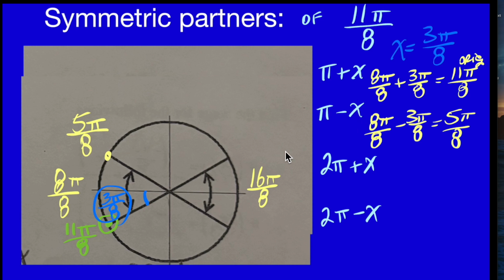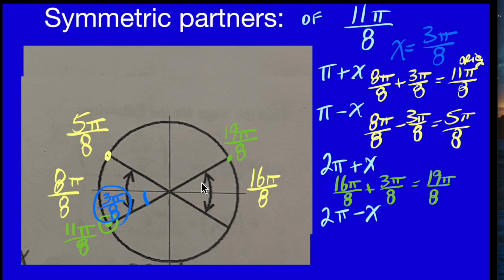Let's now move to the other side of the diagram. We're going to have 2 pi written as 16 pi over 8 plus our x value, which is 3 pi over 8. That's going to put us at 19 pi over 8. That's going to be one revolution, which would be 16 pi over 8, and then another 3 pi over 8 would put us right here at 19 pi over 8.